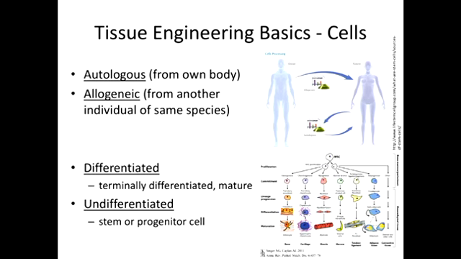We need to consider whether we're going to use autologous cells, that are cells from the individual's own body, or whether to use cells from an individual of the same species, which is called allogeneic cells. The use of autologous cells was revolutionised by Yamanaka and Thompson publishing their papers on iPS cells, because for the first time it meant that you could actually derive cells that were not even multipotential, but pluripotent in their potential, as a possible therapeutic application.